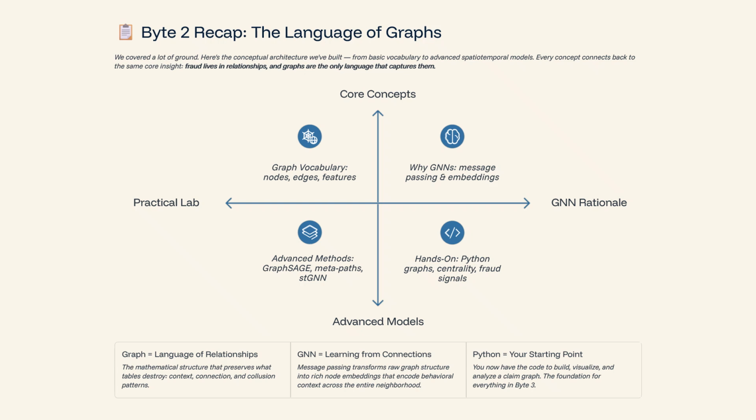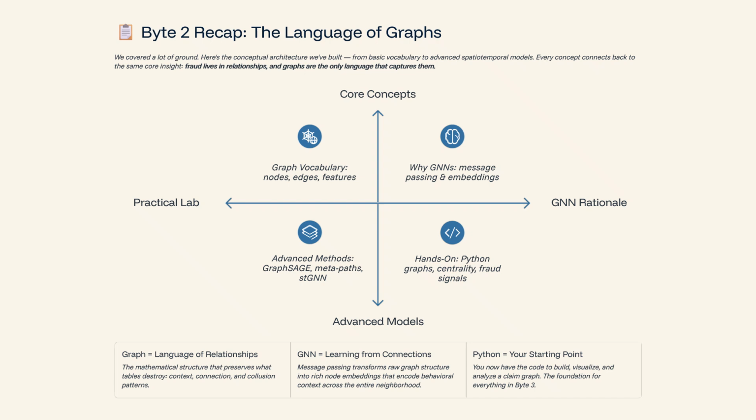We explored advanced methods like GraphSAGE for scalability, R-GraphSAGE for relational awareness, metapaths for semantic reasoning, and spatiotemporal GNNs for fraud that evolves over time. And we brought it all to life with a hands-on Python code Jupyter notebook that I will show you, building a real claim graph and surfacing suspicious nodes with centrality measures, with some base level understanding.